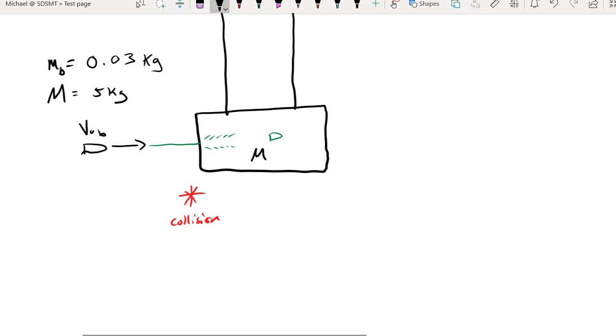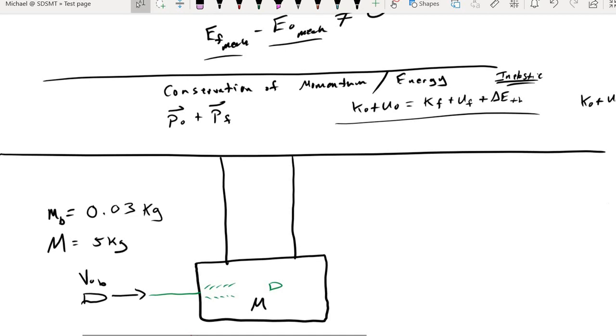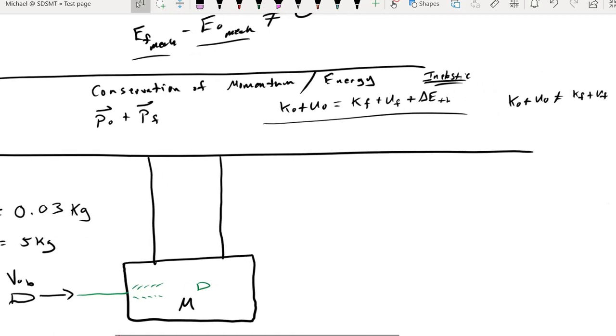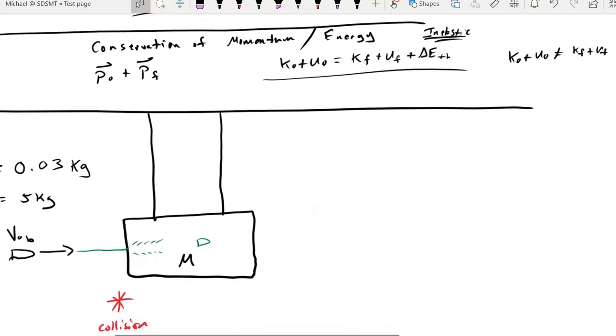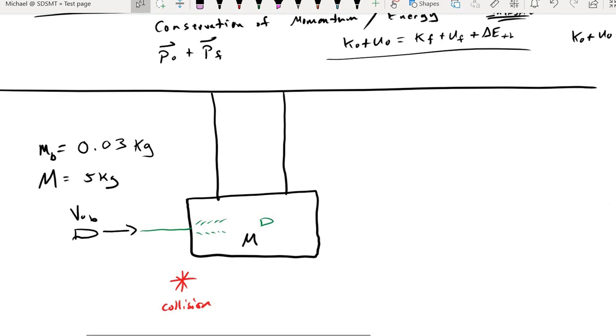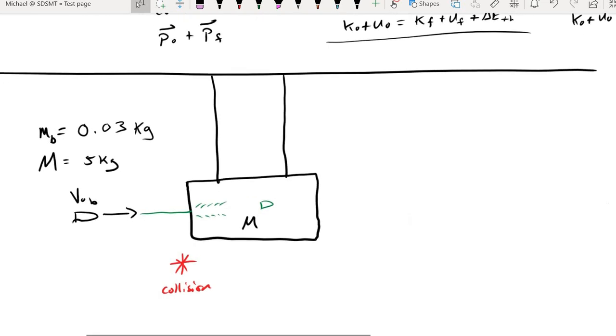And so when it comes to collisions, which of the 2 conservation methods is going to be best suited for us? Conservation of linear momentum or conservation of energy? And well, if we're not sure, let's just see what our options are. We know that when the bullet is fired, the initial momentum of the bullet is pointing to the right, same direction as what the velocity is pointing.